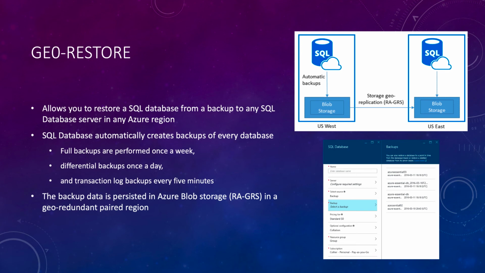To restore from a backup, you will start by following the same steps you would if creating a new SQL database. Instead of choosing the source database to be blank or a sample, you will select the backup option. Selecting backup as the source will enable you to then select one of the available backups, as you can see on this slide.